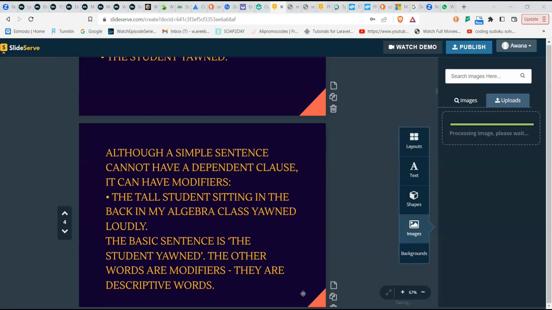The simple sentence will be she drank milk. Yes, good. She drank milk is a simple sentence. Now I need to convert this sentence to one with modifiers? Yes, add modifiers to the same sentence.